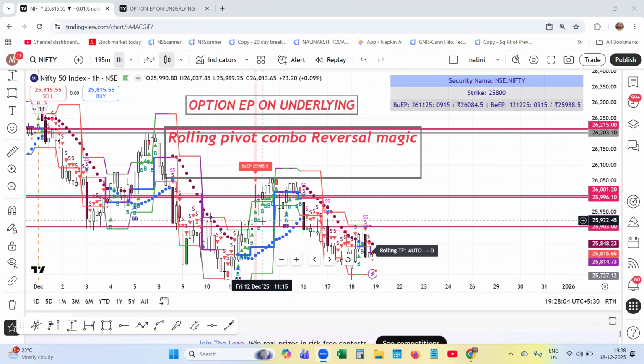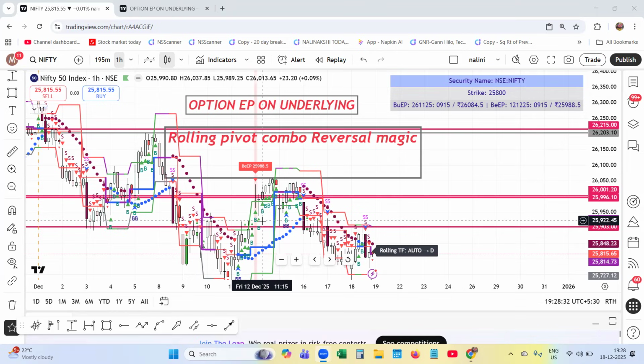You can make a strategy for selling, writing the option, or buying the option also. Today I am going to tell you how to buy an option confidently and be in the trade with the help of the rolling pivot as well as the option EP on underlying.